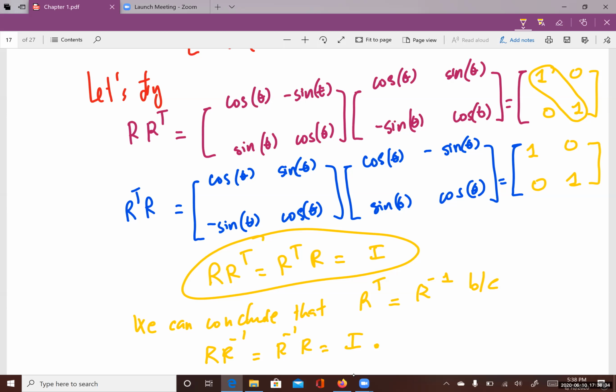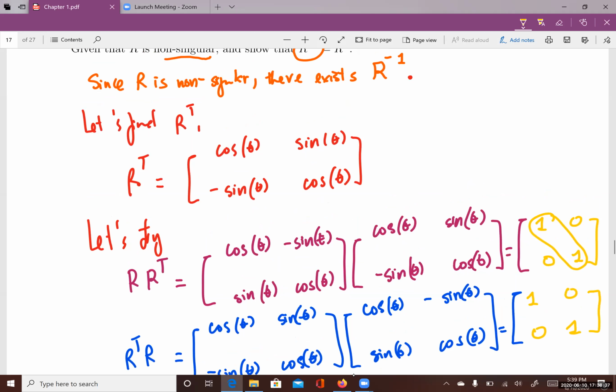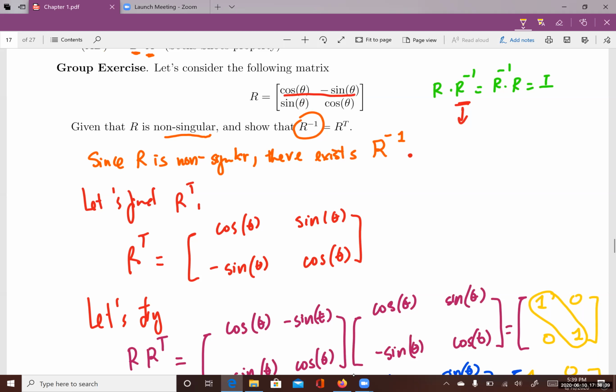So again, we just showed that R inverse is the same as R transpose for this matrix R.